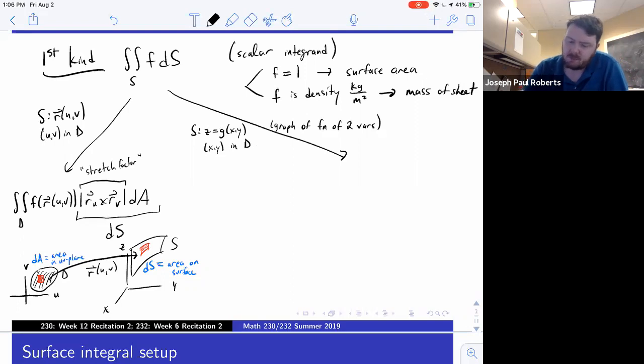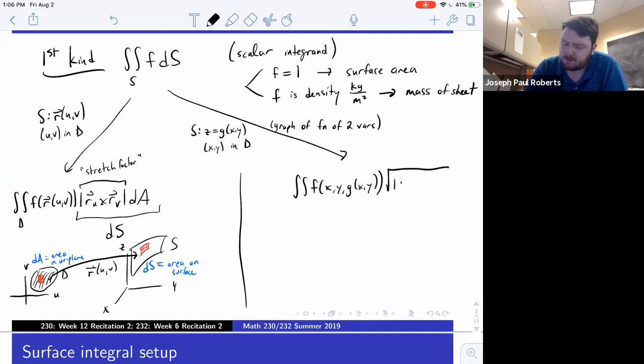Or you could just memorize that in this case, you end up getting, just make sure you plug in for z, that z is g of xy. And then this stretch factor becomes the square root of 1 plus gx squared plus gy squared. And that's what we end up getting.